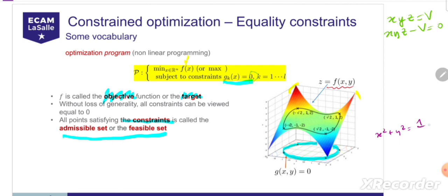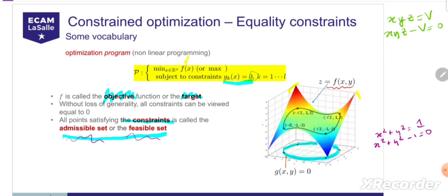So your x, y belong to some circle centered at 0. If I want to express that again as equal to 0, I would write x squared plus y squared minus 1 is equal to 0. All right, so these are the points that belong to my constraints, and they are called the admissible set or feasible set.